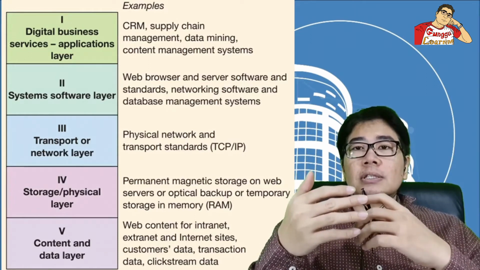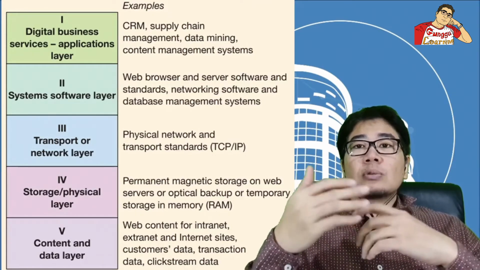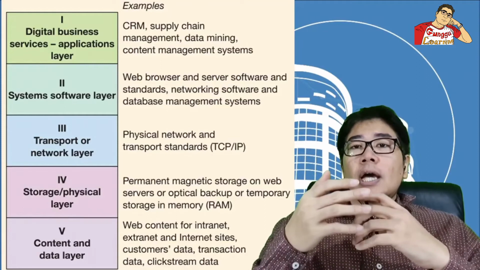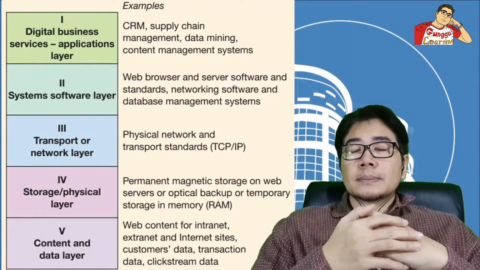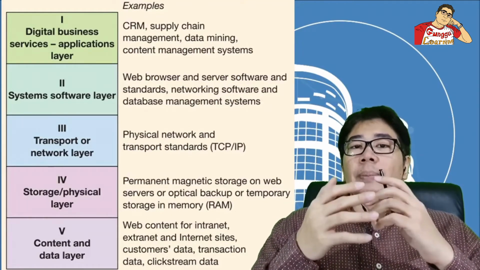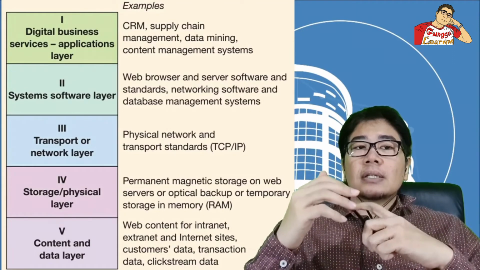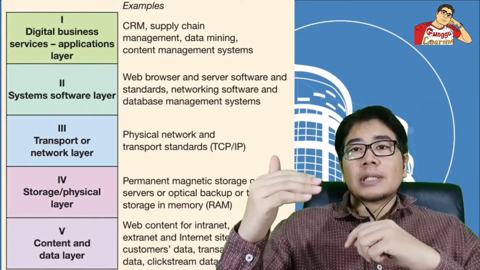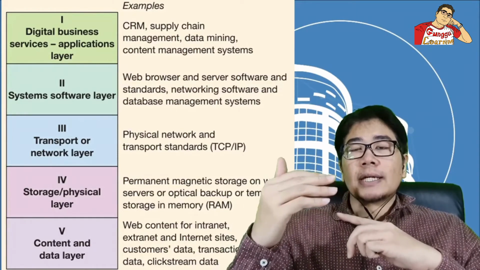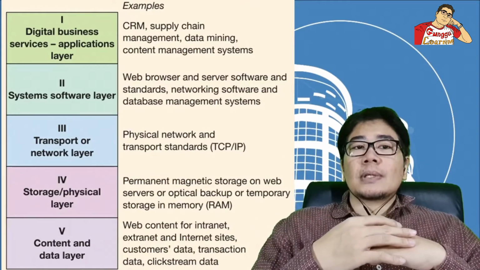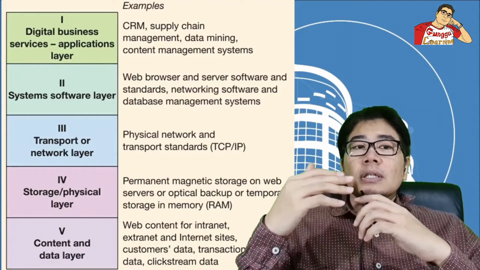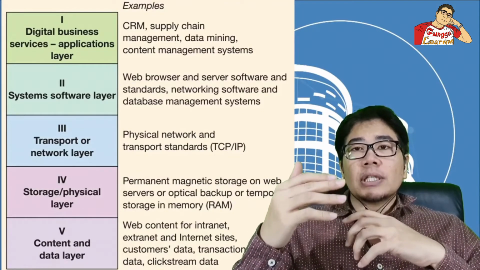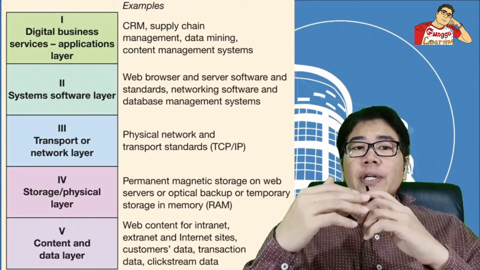The third one is the transport or network layer. The fourth one is the storage or physical layer. And the fifth one is the content and data layer. Each of these layers represents different managerial issues. And as you can see, this 5 layers division is based on the interaction between the company and the customers.